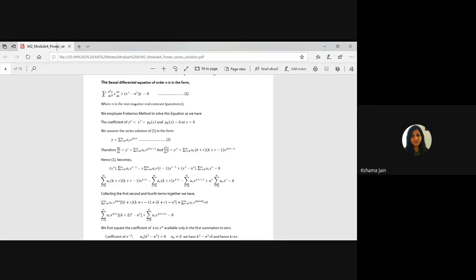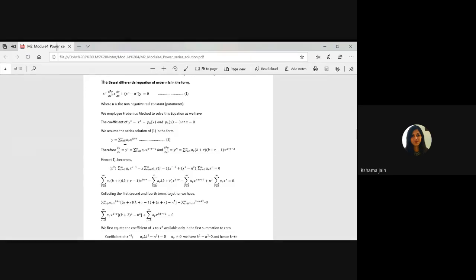But here, if I put x equals to 0, this term will be completely 0. But for a power series solution, for a second order differential equation, this term must be non-zero. To make it non-zero, I can't put directly x raised to power r, so we need to take x raised to power k plus r.